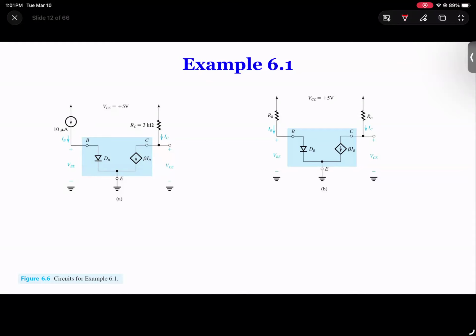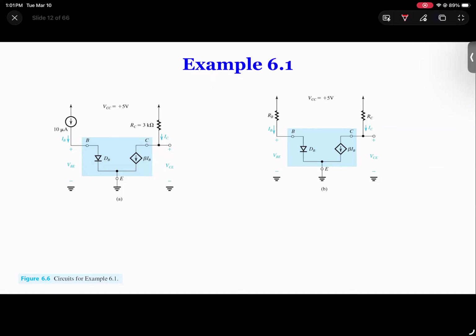In this example, it tries to give you a circuit and an equivalent circuit to calculate with, which I didn't use, but I still get the right answer. So you don't have to do that, but you can if you want. If you understand the equivalent circuit, you can do it. On this side you get an equivalent diode with current coming in, and on that side you have beta times IB, which is a current source, and you have a resistor at the top, right? So that's part one.